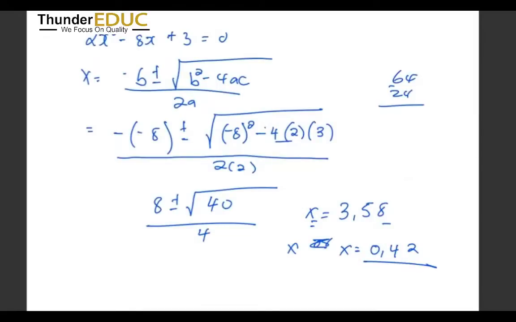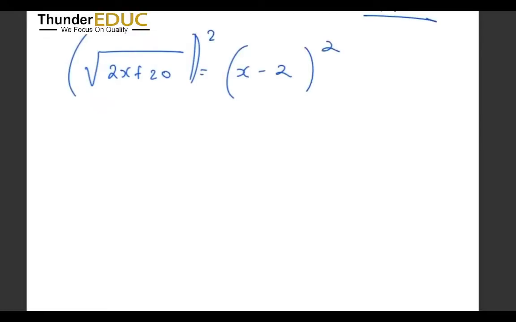And then from that step, we have to square both sides of the equal sign so that we get rid of the square root sign. That is 2x plus 20, we said it's x minus 2. All right, then we're going to square both sides. We said this squared, and then that side is also squared.